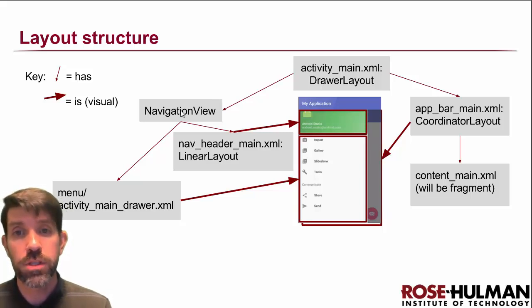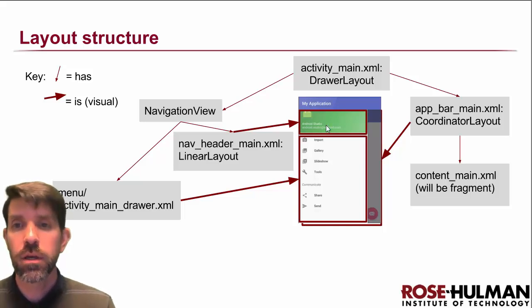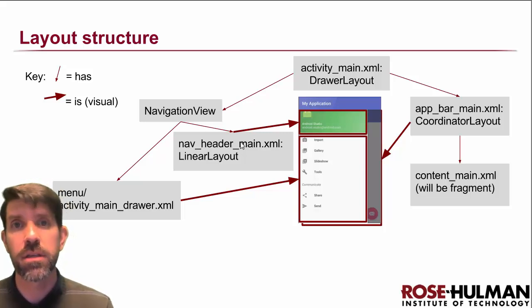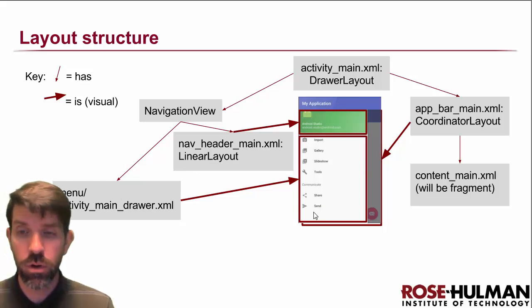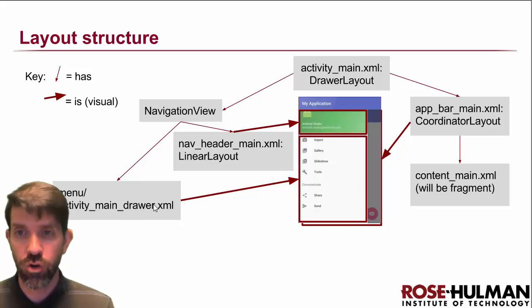Now the other thing we mentioned was the navigation view, and a navigation view itself has two parts. It has a header up here, declared as nav header main, and we'll make some edits in that in a couple of minutes. The rest of the nav bar is actually a type of menu, which is what's in the activity main drawer.